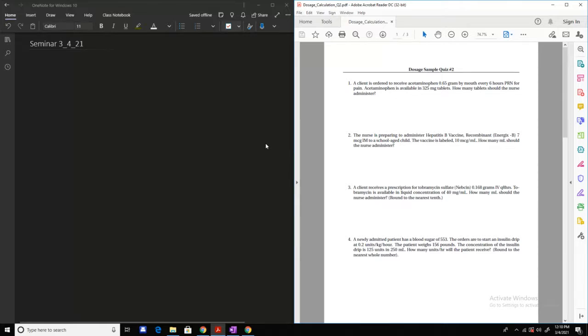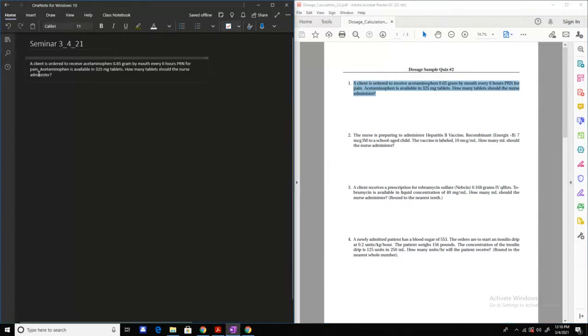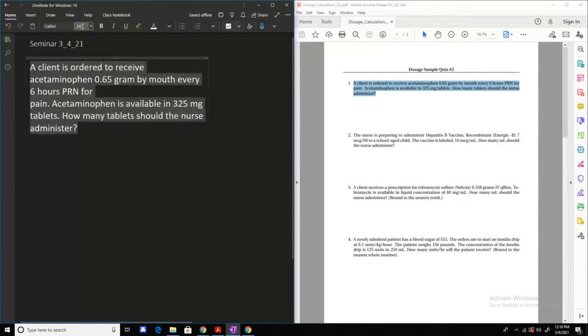But really what you want to aim to do is just look at what unit you want to finish with, and then from there, try and cancel out all the unnecessary ones. So with that being said, why don't I just copy these over? Make the font a bit bigger.